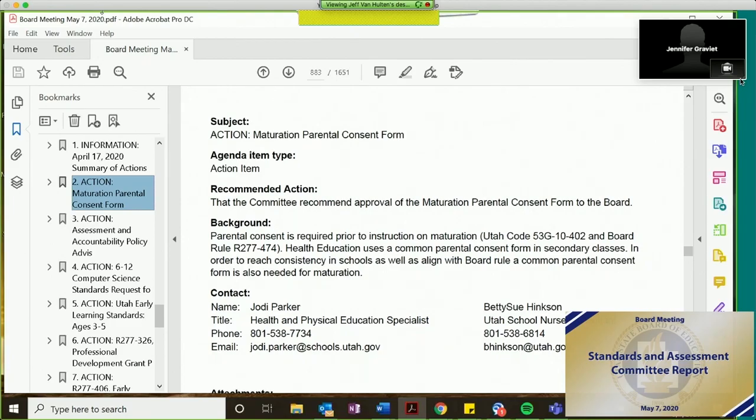So I'm not seeing that. What are you seeing? I'm seeing that the committee recommend approval of the maturation parental consent form to the board, but I don't have a draft 2.